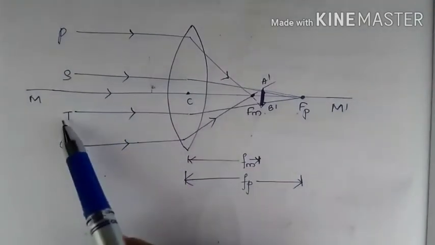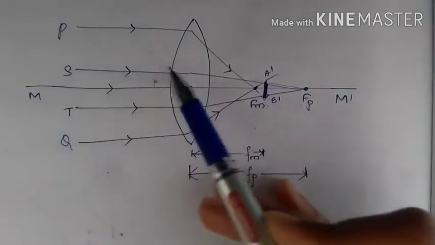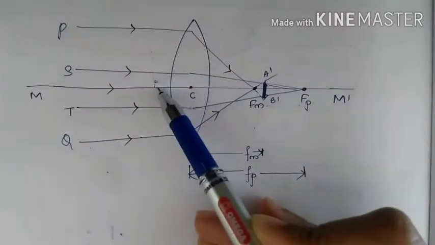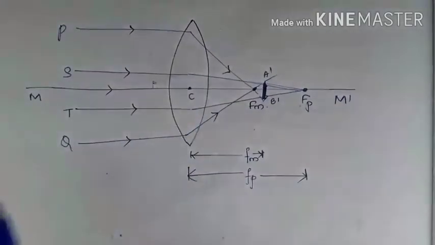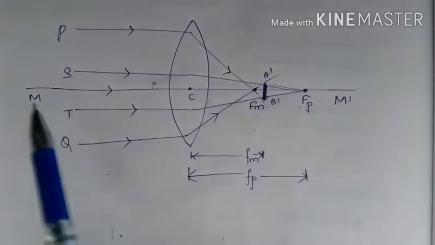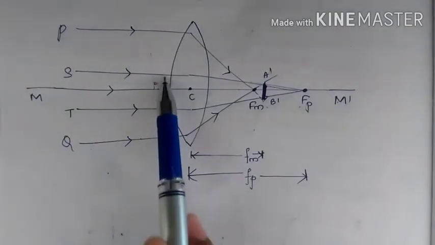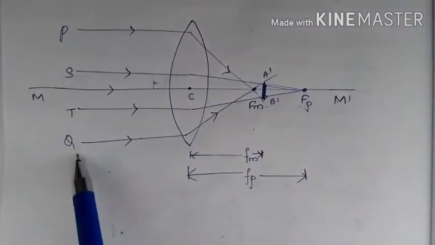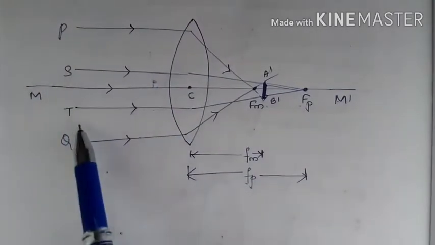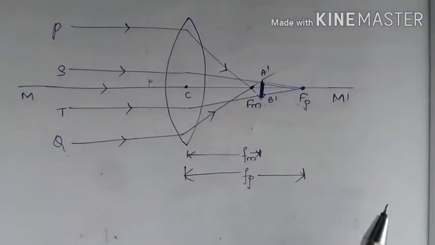Now S and T rays are known as paraxial rays because they have less distance from the principal axis. M and M prime is the principal axis. From this principal axis S and T are not as far as P and Q are. Hence S and T rays are known as paraxial rays.